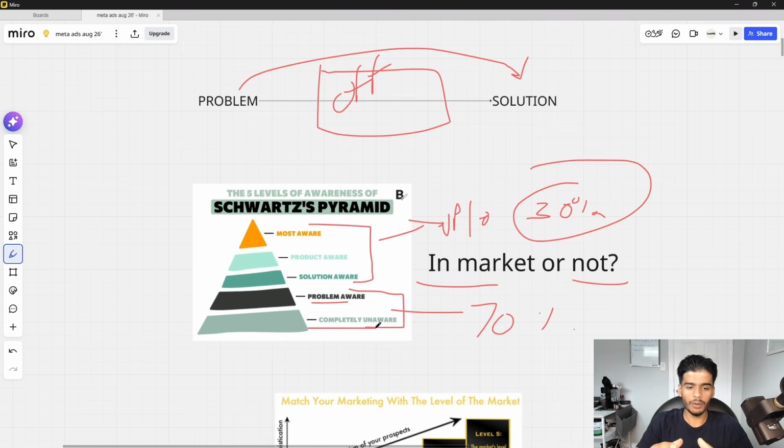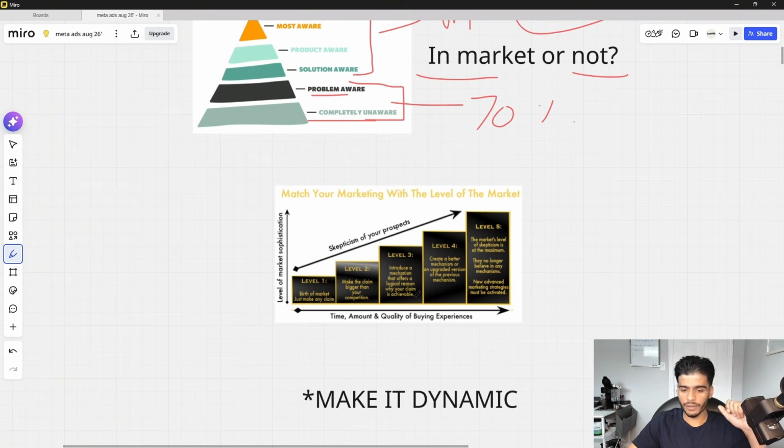So a lot harder, but a lot more money in there, but you have to decide what you want to do, and also decide what level of market sophistication you are in to introduce mechanisms or guarantees or whatever, because sometimes your market is really new, you don't have to do a lot, and sometimes your market is so sophisticated that guarantees instead don't land. But something like a unique mechanism of a problem and a unique mechanism of a solution gets you through the crowd and helps you sell.